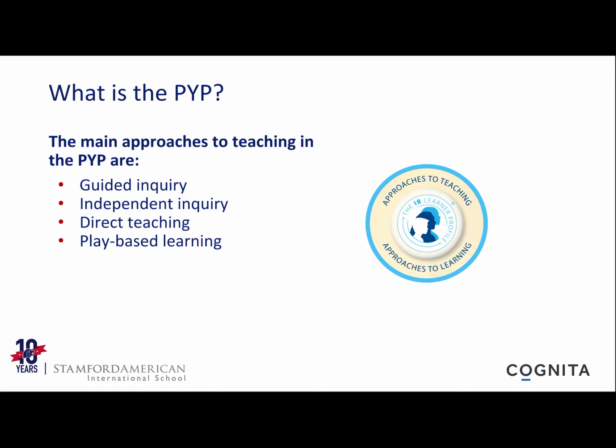Although students will have opportunities for play-based learning in grade 1, there is more emphasis on guided inquiry, where teachers pose questions for students to investigate, and on some direct teaching, where specific skills and content are targeted, as well as some independent inquiry.